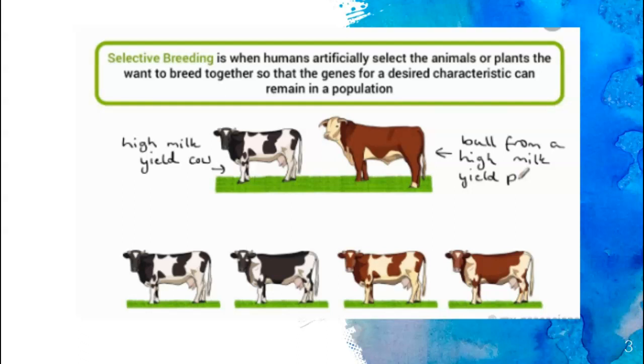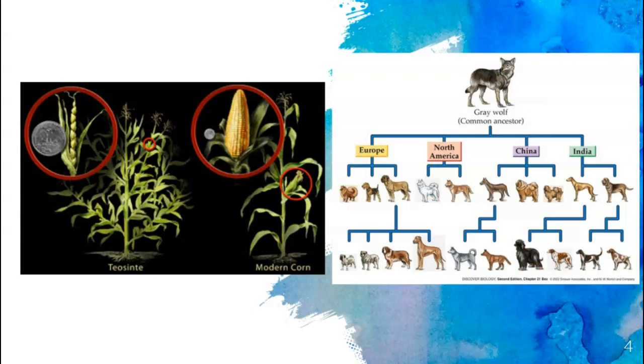Some other examples of where humans have done this would be corn. Okay, ancient corn, the ears of corn. So here's a quarter. Whoa, so the ear of corn is roughly two quarters big, and it produced these teeny tiny kernels that were barely edible. Okay, but every once in a while, one of these plants would produce some kernels of corn that were a little bit bigger, and a little bit juicier.